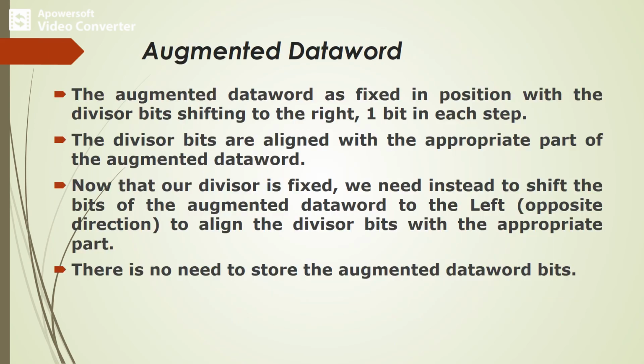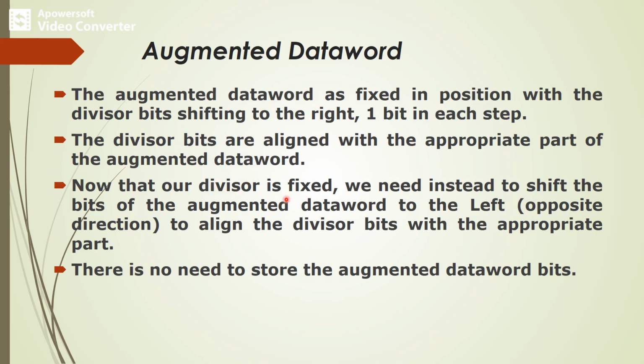Augmented data word. The augmented data word is fixed in position, with the divisor bits shifting to the right 1 bit each time. Instead of that, we can shift the divisor in order to align it with the augmented data word.